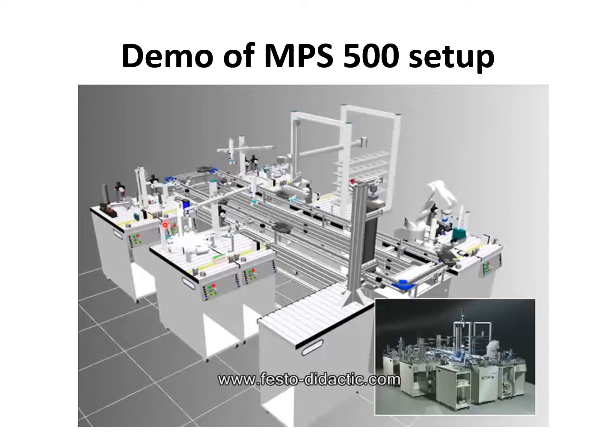We have different stations, and each station has a specific task. Here we have a core conveyor that carries all of these pallets and parts between the stations.